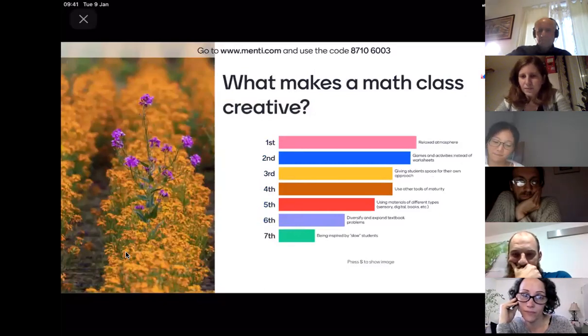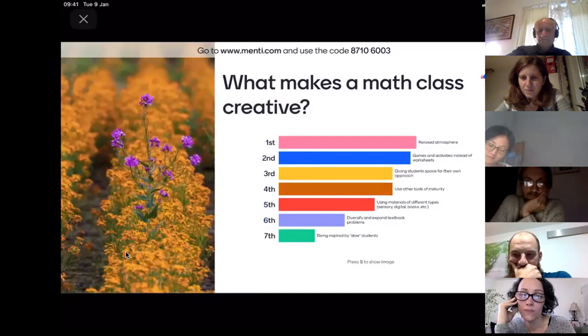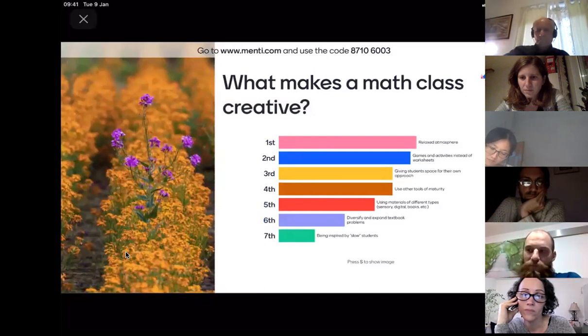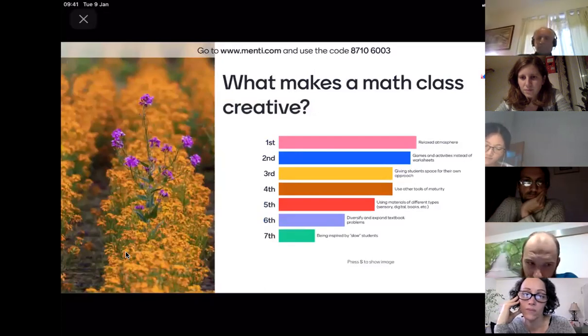And then the other thing I was thinking, and this might be related to using materials of different types, is that the teaching should as much as possible be very visual, so that students get insights into math on all different levels. You have the direct insight that you can develop through visual intuition. You have kinesthetic intuition that you develop through drawing, lots of drawing.